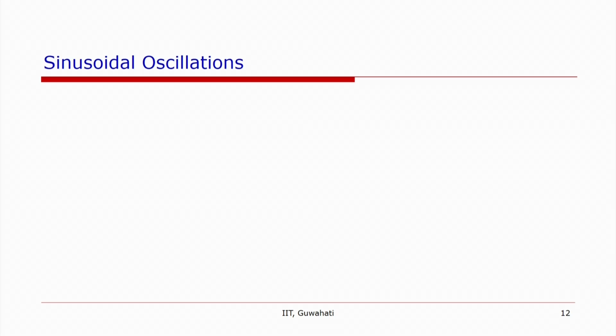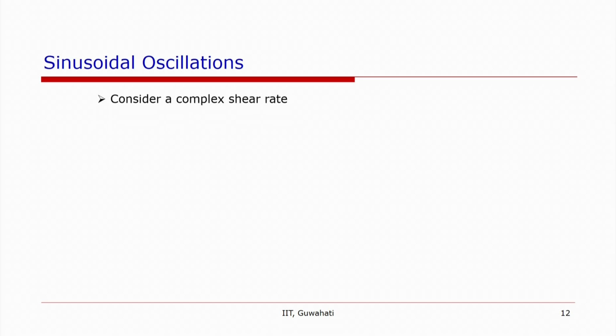So, if the oscillation is sinusoidal, then it is often convenient to represent the sinusoidal behavior in terms of a complex number, because it is easier to deal with while multiplying, dividing or differentiating.